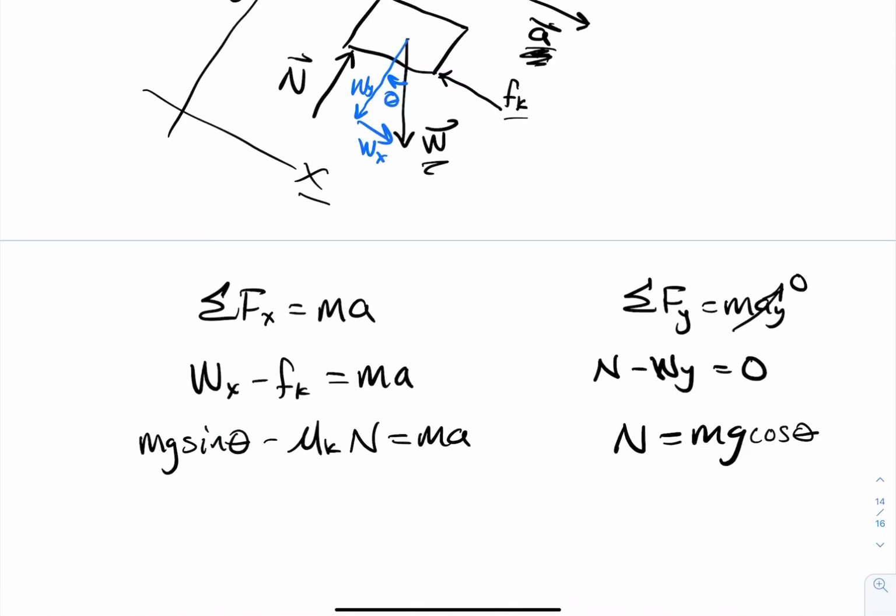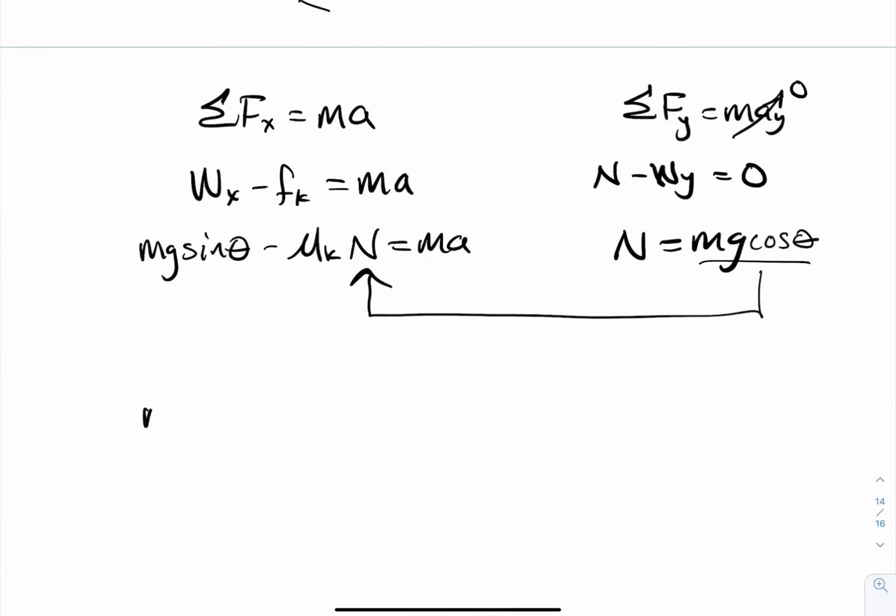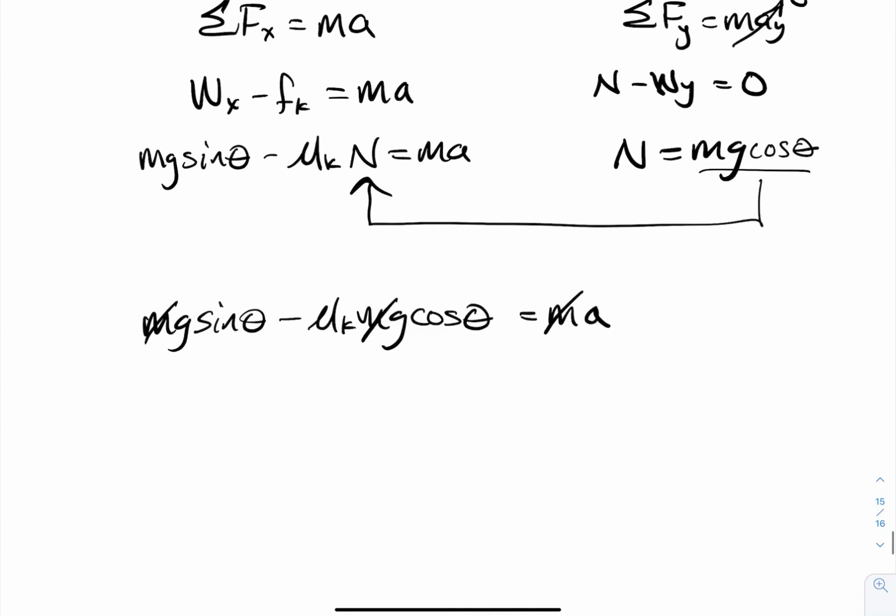Now we can input this into our normal force again. So we have mg sine theta minus mu sub k mg cosine theta equals ma. We can divide the m out of everything, and they'll turn to 1. And we could factor a g out just to save typing in our calculators.